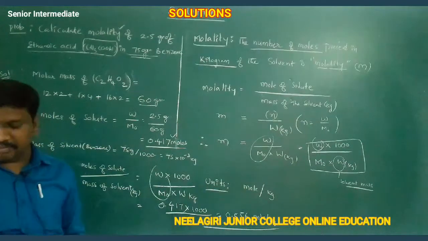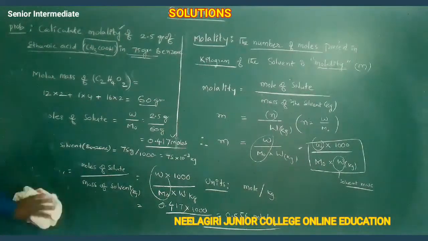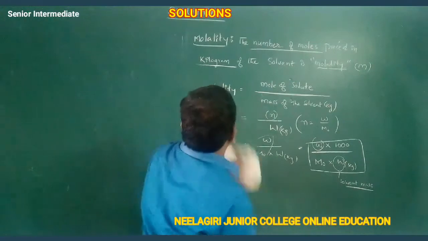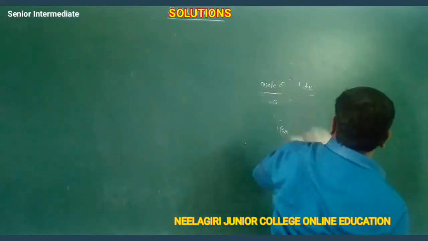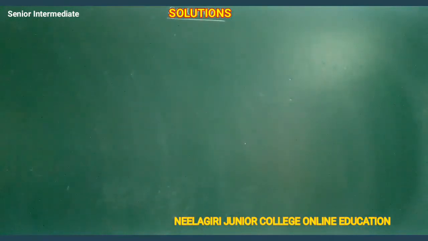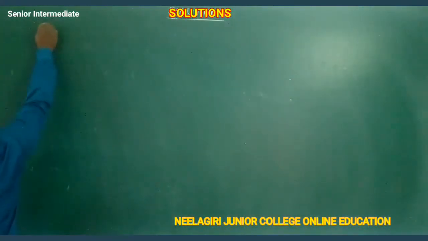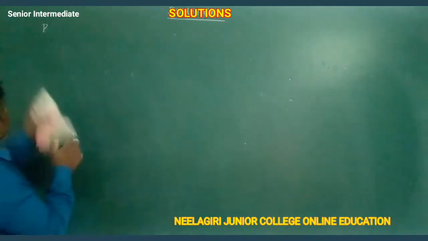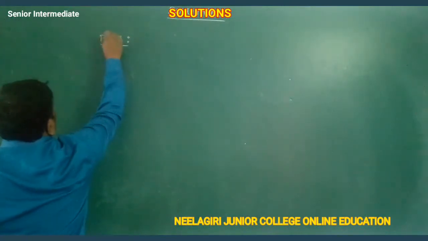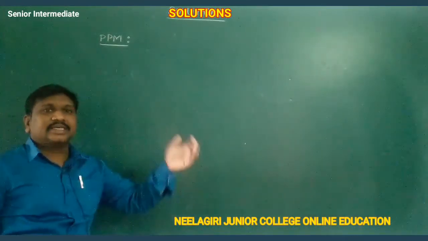ppm means parts per million. Suppose a solute is in trace quantity.